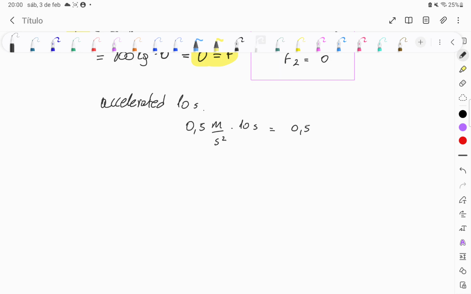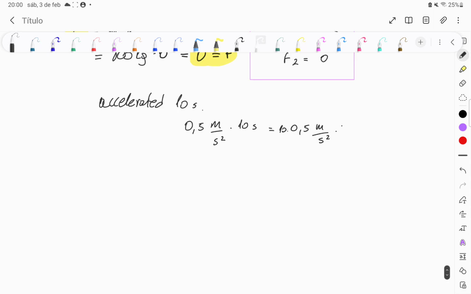So it's going to be 0.5 meters per second squared times 10 seconds, and we can move it: we put 10 multiplied by this, and seconds. So this is going to be 10 por 0.5 meters divided by seconds. And if we do the multiplication, this is equal to 5 meters per second.